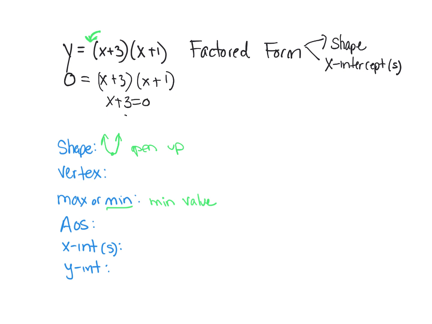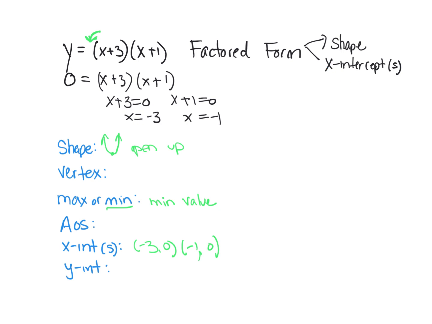And so we know that there is going to be an x-intercept at (-3, 0), and an x-intercept at (-1, 0). So from factored form, we're able to get the shape, and we were able to get the x-intercepts pretty quickly.